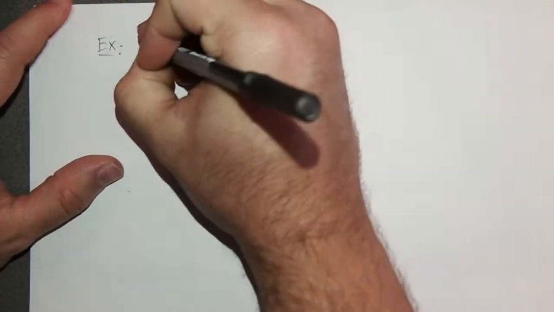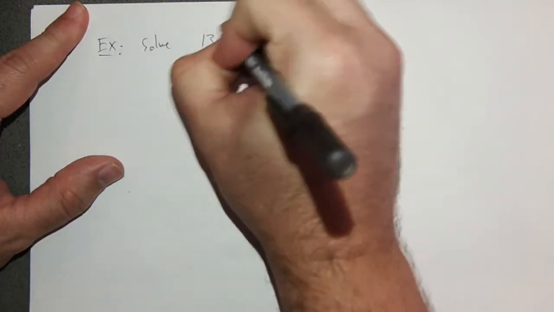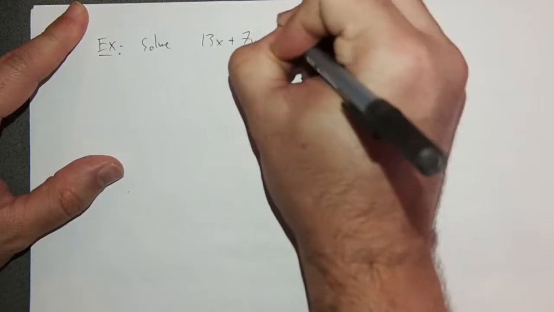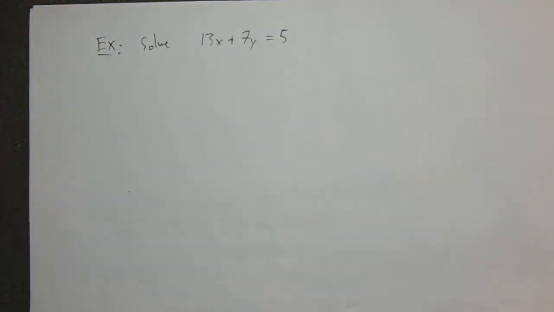To see this, let's try to solve 13x plus 7y is equal to 5.